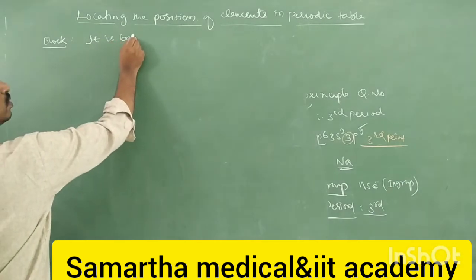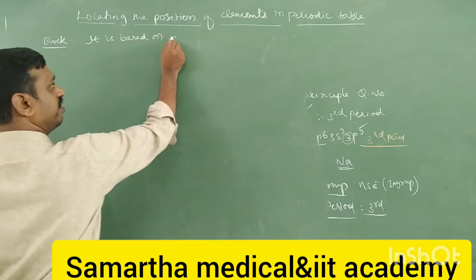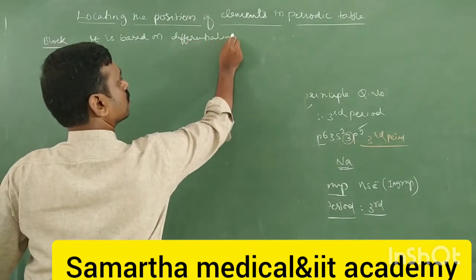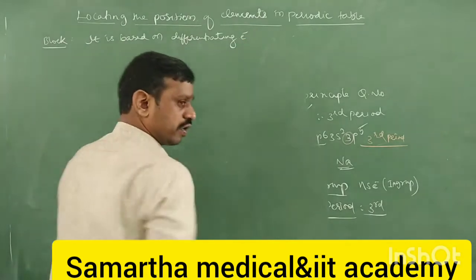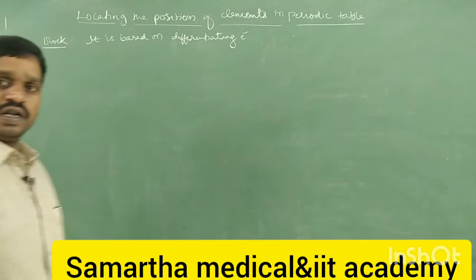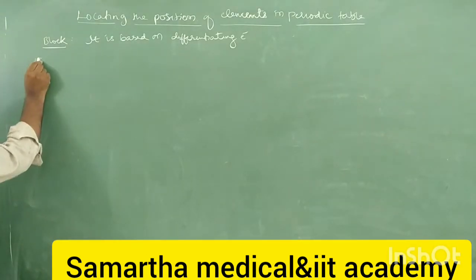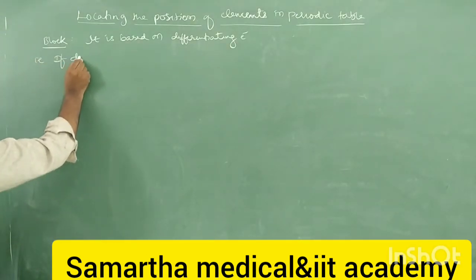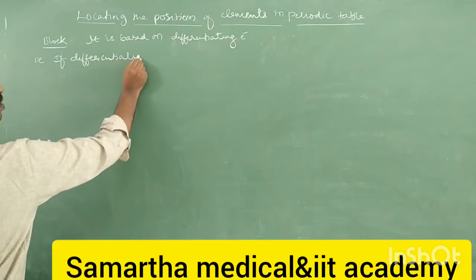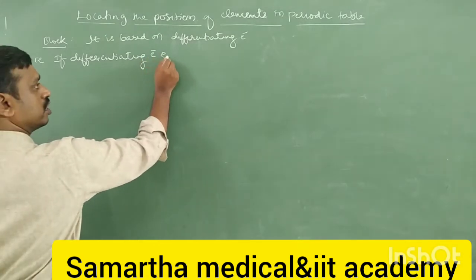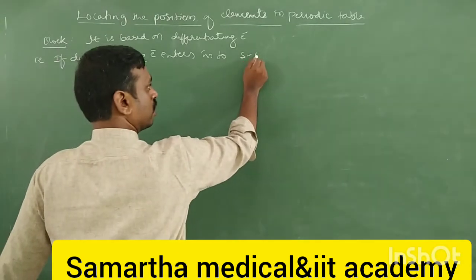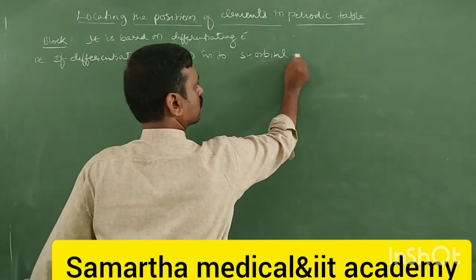If the differentiating electron enters into the s orbital, it is s block.